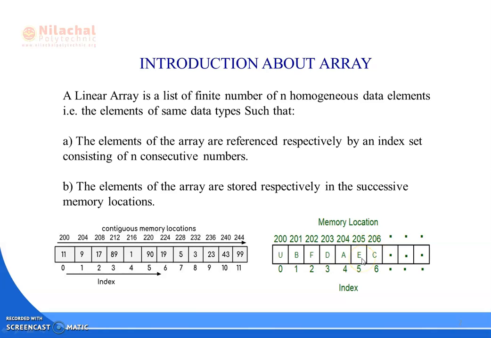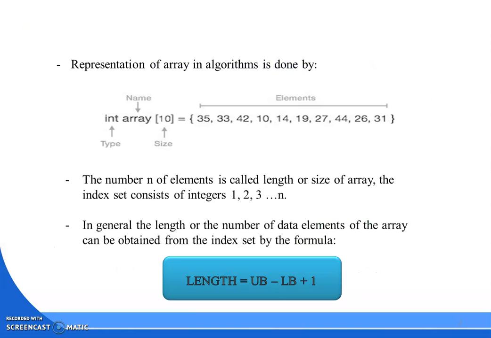So this is all about our array, that it is a finite linear structure consisting of homogeneous data elements, and these data elements are referenced by consecutive index numbers, and the memory locations are contiguous, or they are stored in successive memory locations.